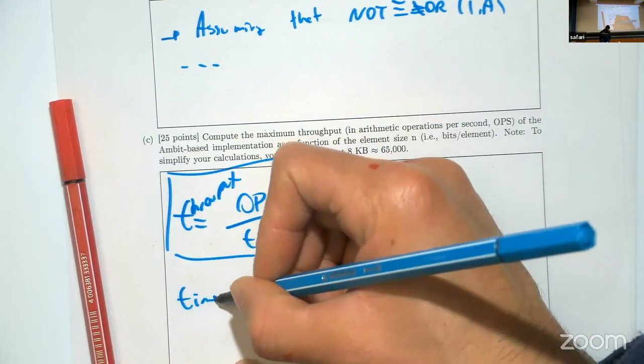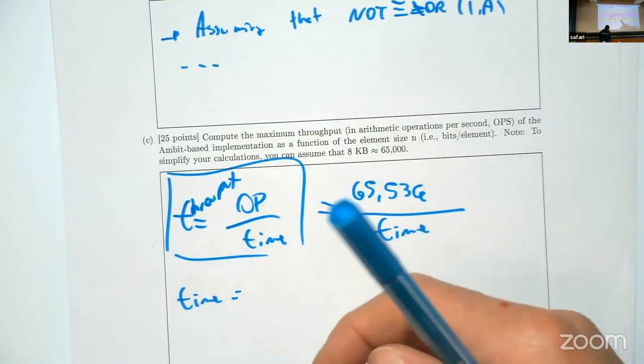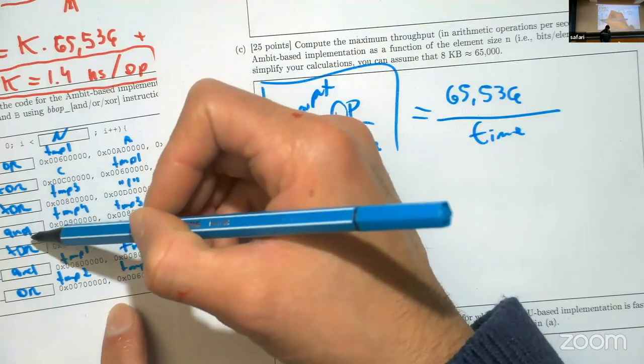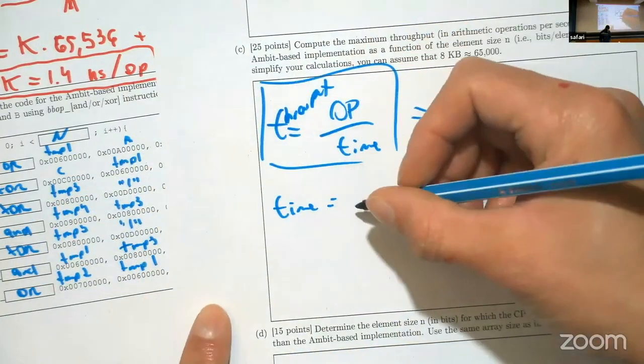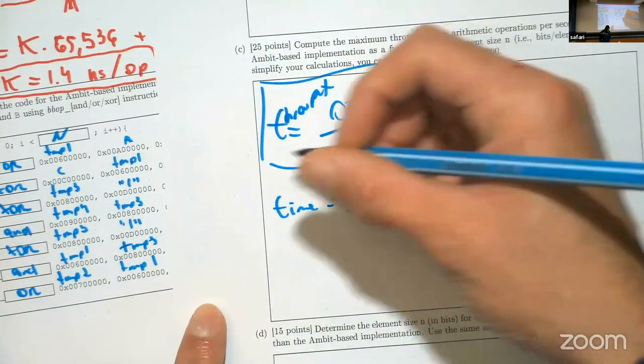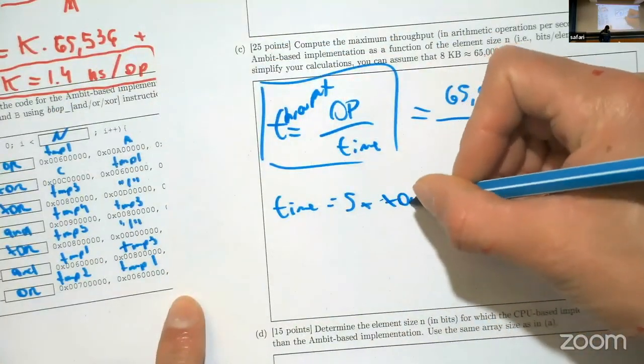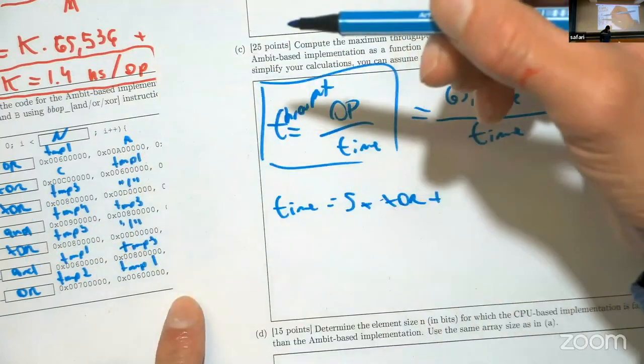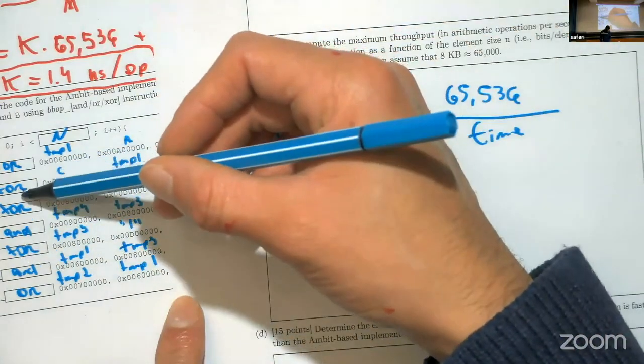The time is quite straightforward. You go here, you have to implement 1, 2, 3, 4, so you have to do 4 times the time of XOR, plus, why did I put 5 there?